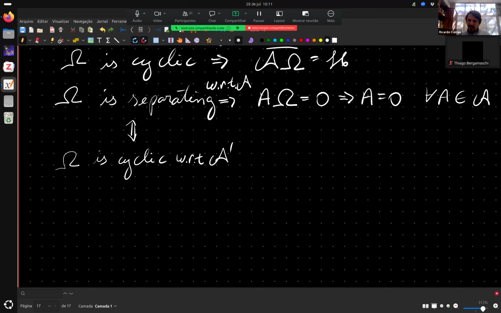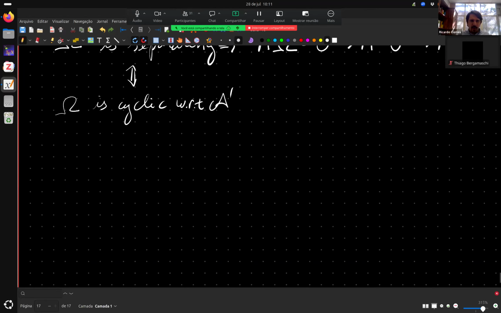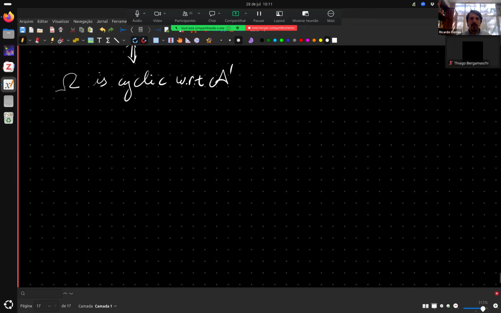So since 2000 at least, the community in Tomita-Takesaki was very aware of the importance of this theory for algebraic quantum field theory, with very many results. And it will be clear tomorrow when I talk about the Tomita operator or the Tomita-Takesaki theorem why that is so important. But for now, allow me to go naively in trying to convince you how important those things are, and I will be a little bit biased in that direction.